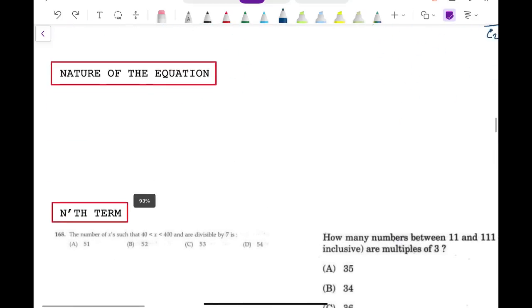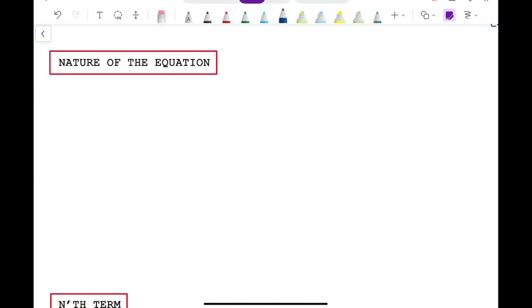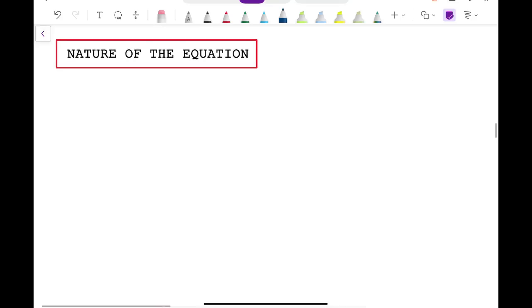What about the nature of an equation? So when we talk about the nature of an equation, before going to that, you may be asked to find zeros or roots. In that case, let's take one example. Always remember this question will be based on quadratic equation.